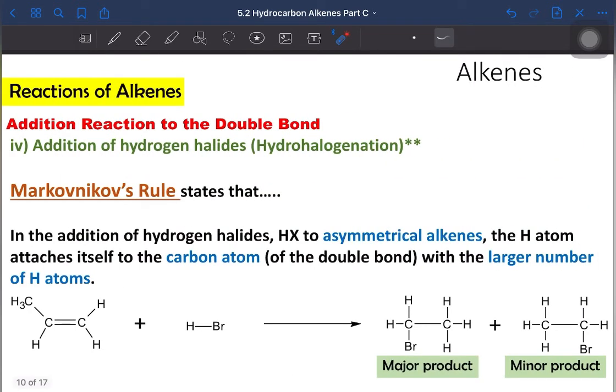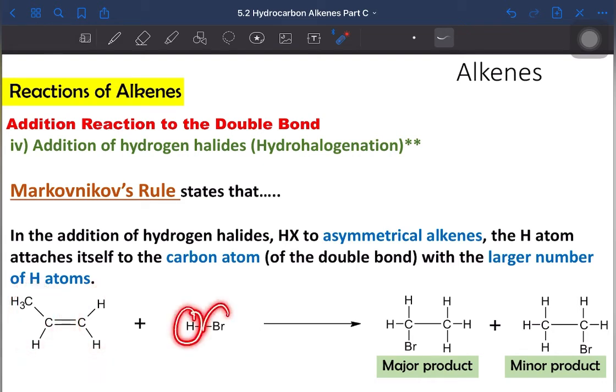So what if the alkene is not symmetric? If we have an unsymmetrical alkene, then we have to use Markovnikov's rule to determine the major and the minor product. So in this case, we have this unsymmetrical alkene, with this carbon here having two hydrogens and this carbon here having only one hydrogen.